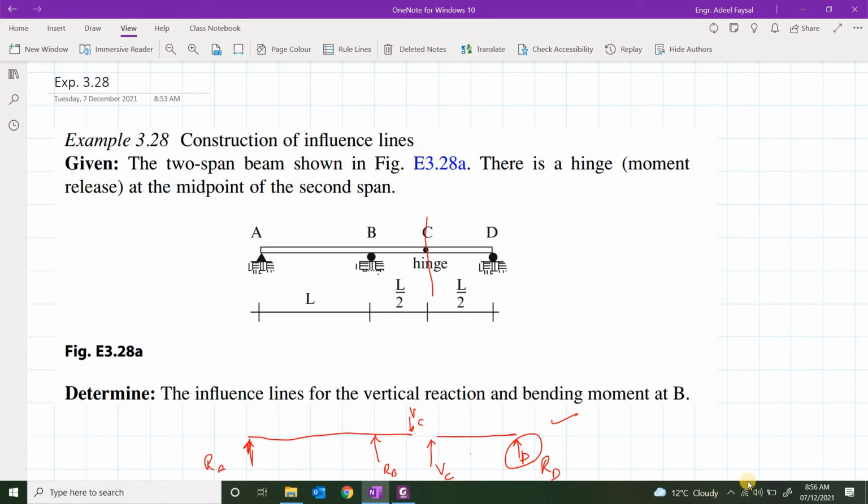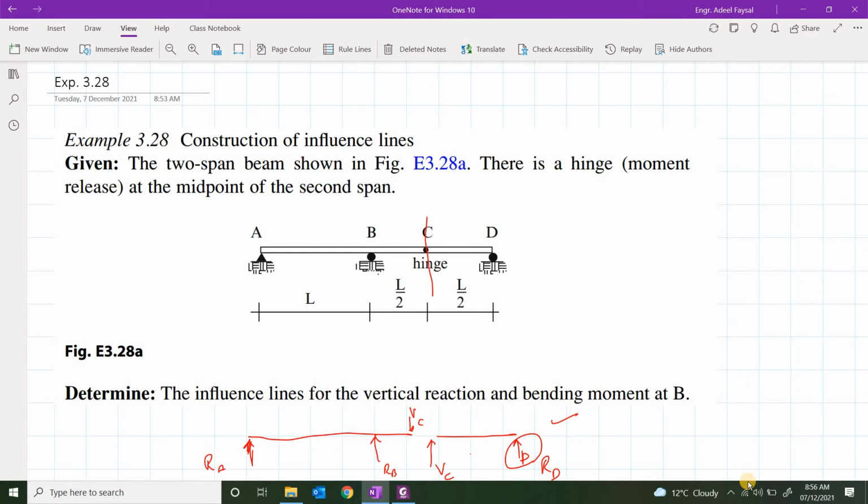Now if the load is applied in this region of the beam, A, B, C, D, A, B, C, sorry. If it is somewhere over here, over here or maybe over here, in all those cases, you will see that CD's part of the beam remains unloaded. There is no load in this region.